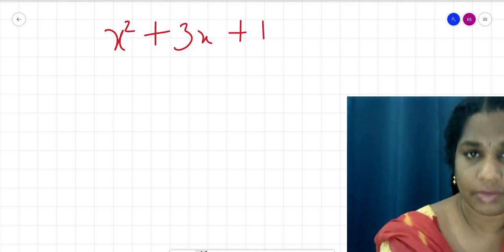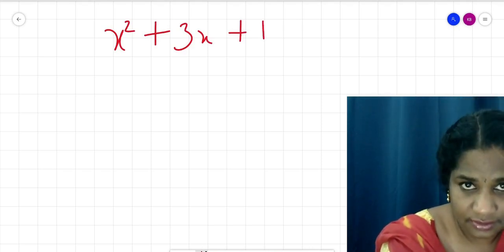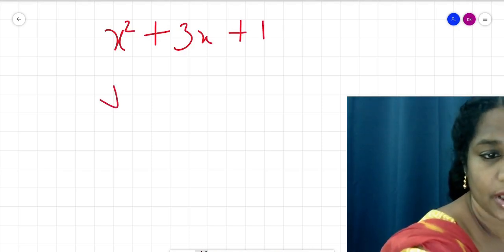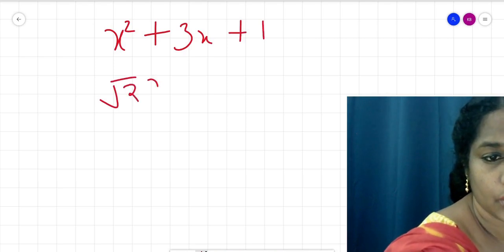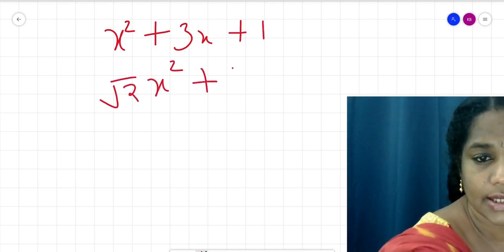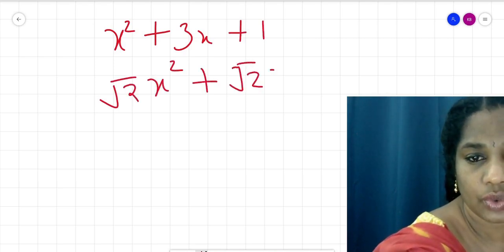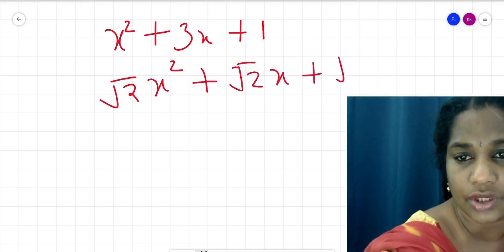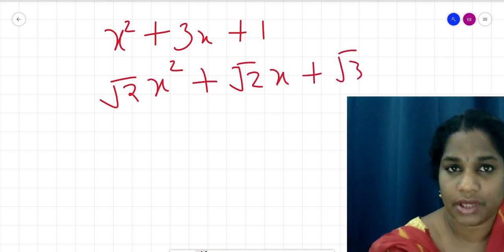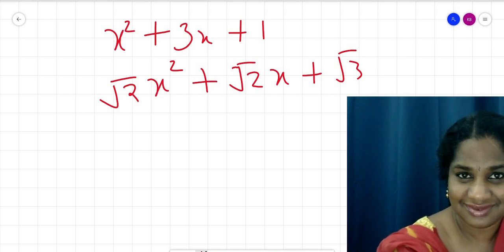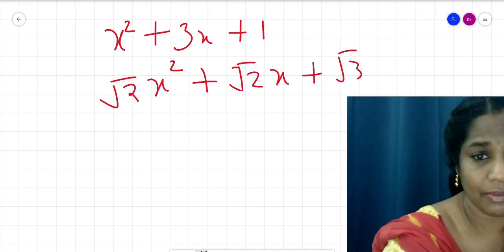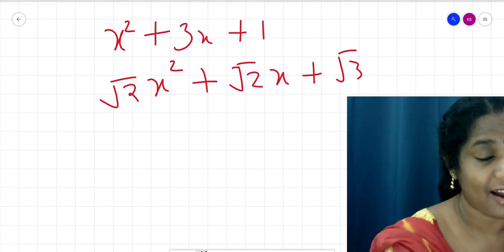Now you tell me, is this a polynomial? Yes, this is a polynomial. Under root 2x square plus under root 2x plus under root 3. Is this a polynomial? Yes, this is a polynomial because variable is untouched.